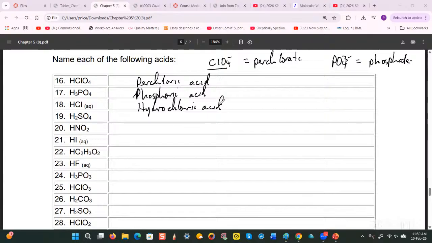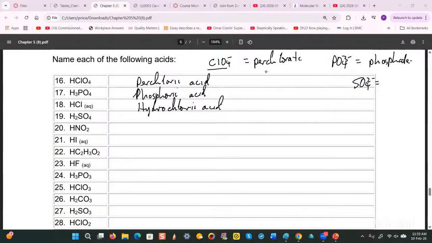Okay, the next one, H2SO4. What would be the anion you look for in the table? SO4 2 minus, and the name of that ion is sulfate. Oh, I spelled sulfate in the British way, not the American way.